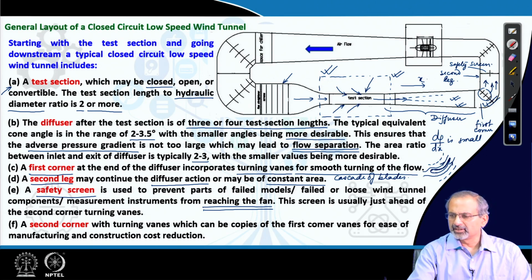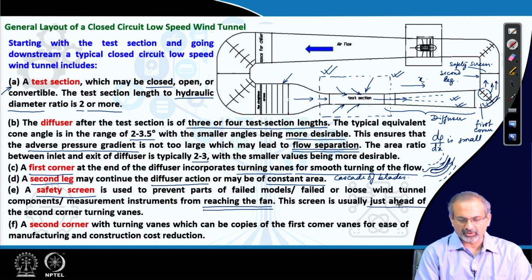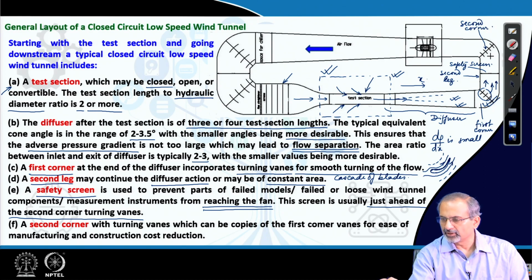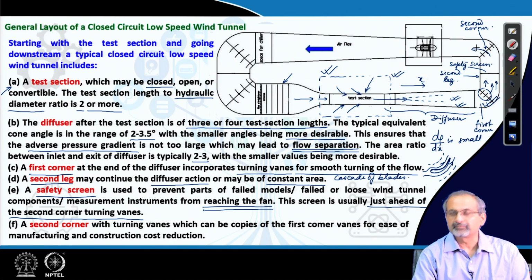This screen usually is placed just ahead of the second corner turning vane. So, these are the second corner turning vanes. Again the flow takes a turn just like it did at the first corner, and then it is heading towards the fan.